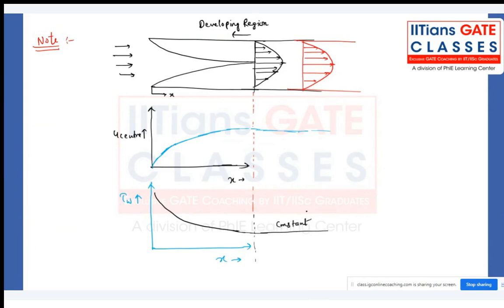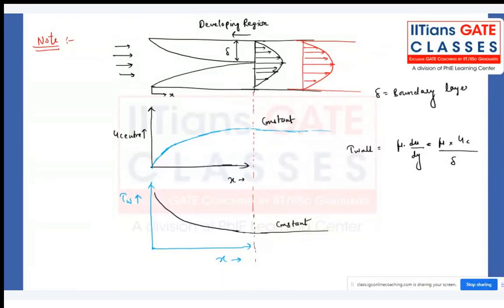Here also it will become constant. Why? What is the wall shear stress formula? Everyone knows it is mu into du by dy. For example, if I talk about the boundary layer thickness, let's say this is the boundary layer thickness delta, then I can write the velocity gradient as u center line velocity divided by delta.